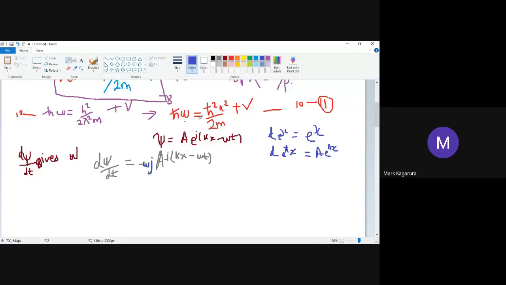Now you see k is squared, so that means we're going to differentiate twice with respect to x. So dψ/dx twice gives the k squared.